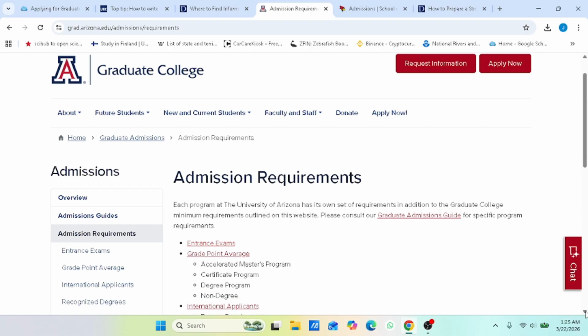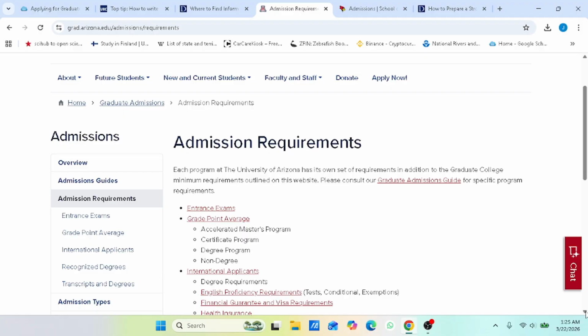As you can see, each program at the University of Arizona has its own set of admissions requirements, in addition to the graduate college minimum requirements outlined on this website. Please consult our graduate admissions guide for specific program requirements.